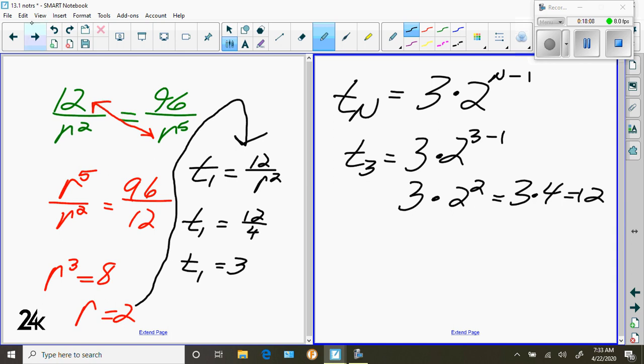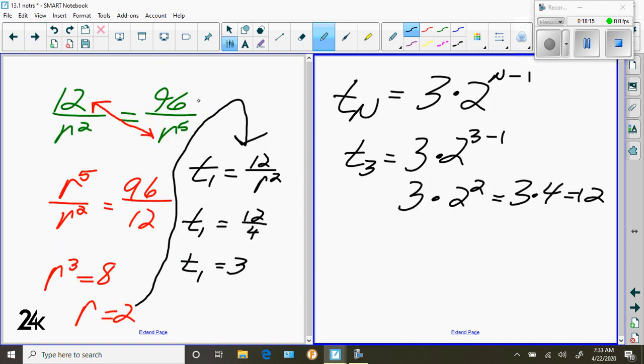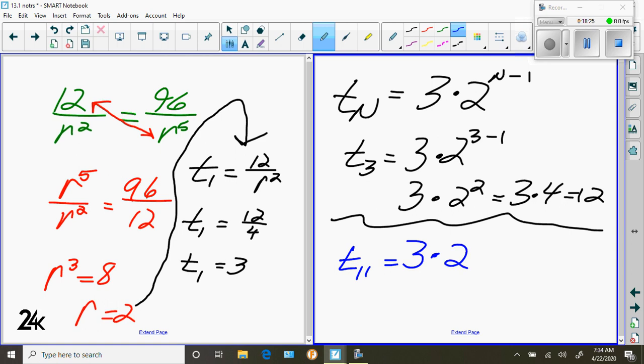So this question, I think, actually said, find the 11th term. Find t sub 11. Well, the 11th term would be 3 times 2 to the 11 minus 1. So it'd be 3 times 2 to the 10th.